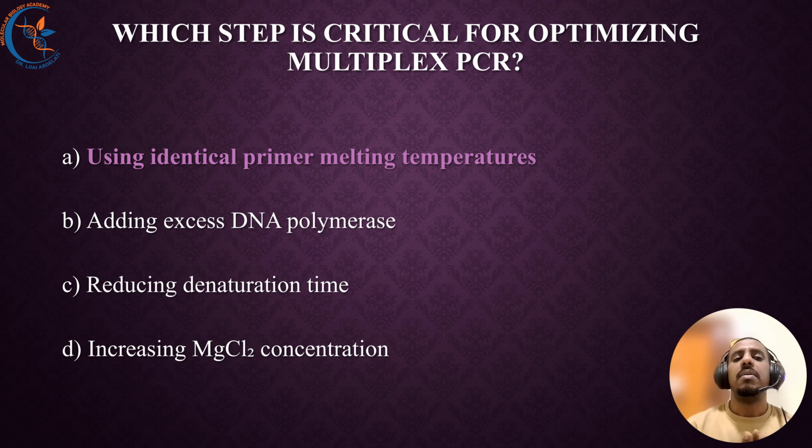Okay, if the melting temperature value differs significantly, one primer may anneal while the other remains ineffective, reducing reaction efficiency, right? While other options, like using excess enzyme in option B or magnesium chloride in option D, could instead increase the chance of non-specific binding rather than improving primer annealing.